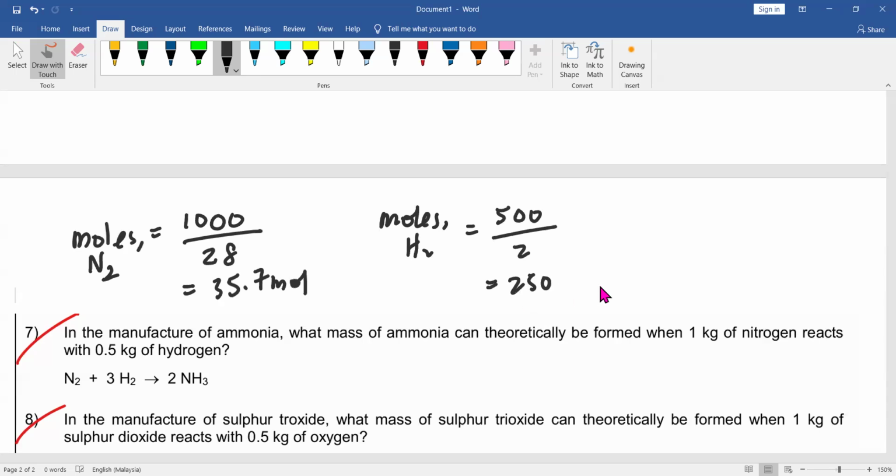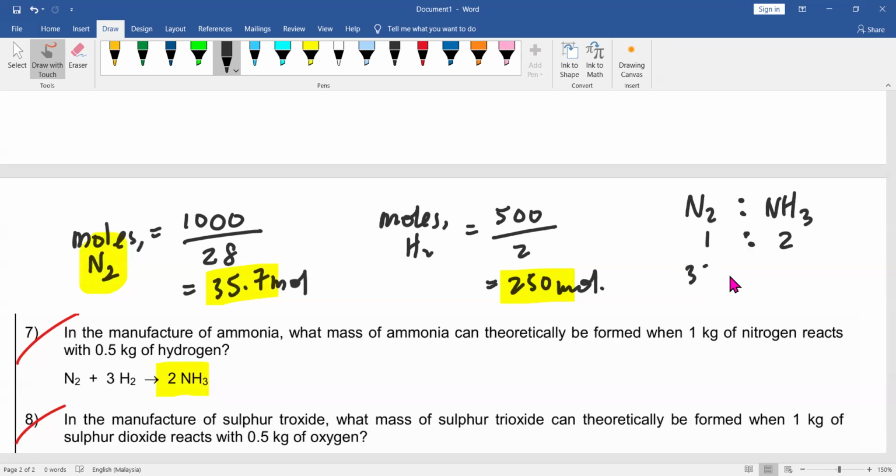Okay, for number 7, the first thing you do is you count the amount of moles. Did you get both of these? So this is so obvious. Which one should be ammonia? Nitrogen, because it's so much lesser. But you must remember the ratio is 1 to 2.